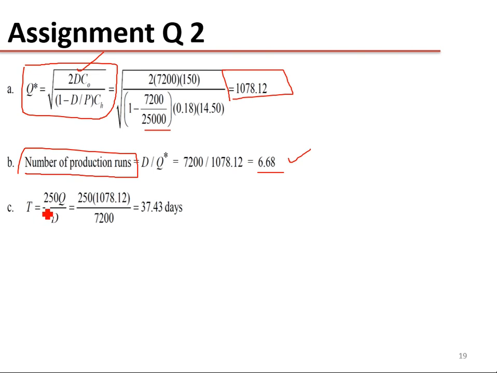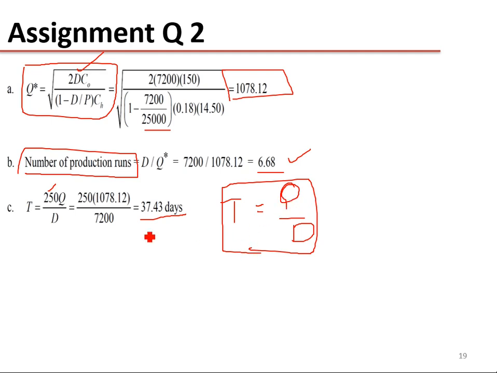And then we have the cycle time. Cycle time, we know, is Q upon D, but in this case we now find it in terms of days. If I write T equal to Q upon D, this is the annual figure.